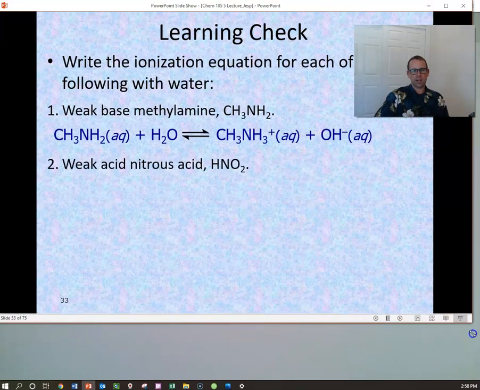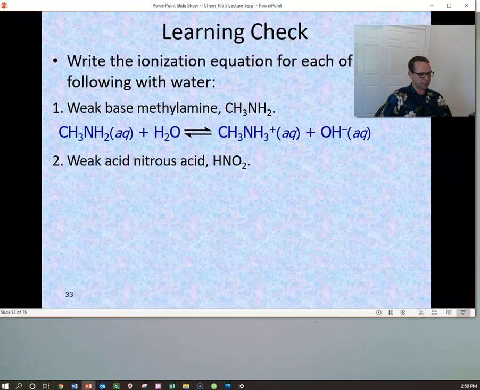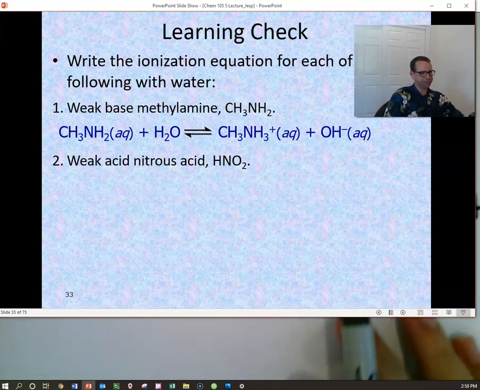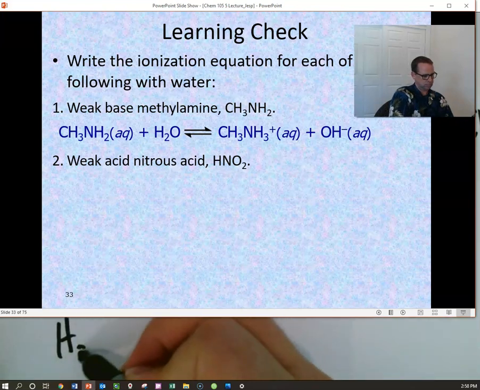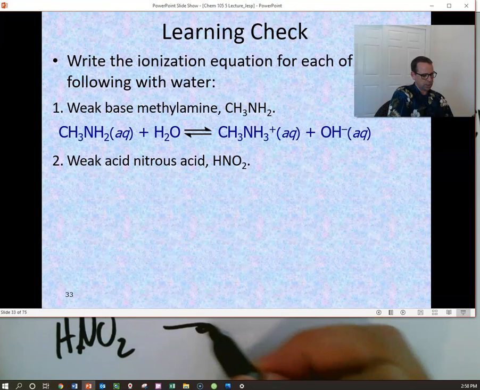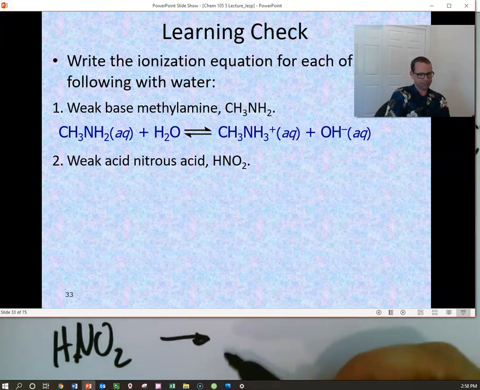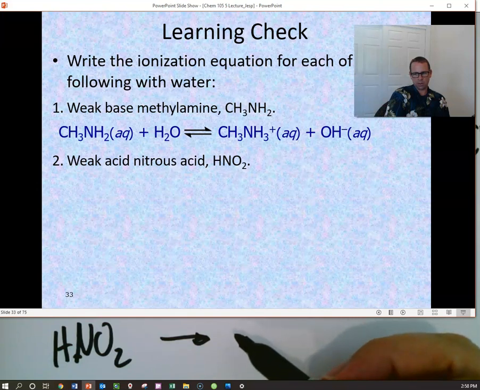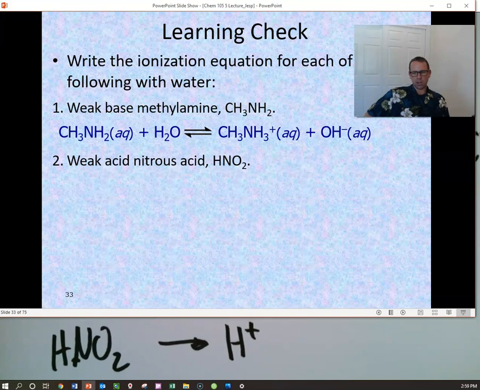Our weak acid, HNO2, how is it going to dissociate? What do I have to write? H, and what is it going to dissociate into? This one is an acid, so it doesn't release OH. It releases H plus, the proton or the hydrogen ion, right?